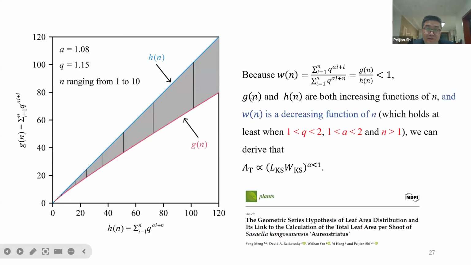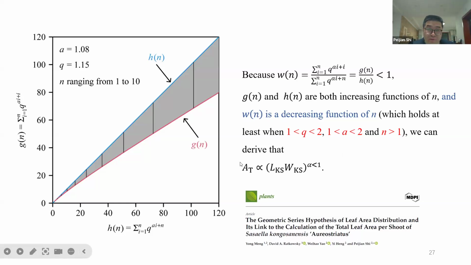We define G and H. We can find those 2 functions are increasing functions of N. Here we assume that Q is a constant, and we just consider the changes of W. Because the 2 functions are increasing functions of N, and we also say W is a decreasing function of N, which holds at least for this limitation condition, we can take the derivative of W with respect to N and get those results.